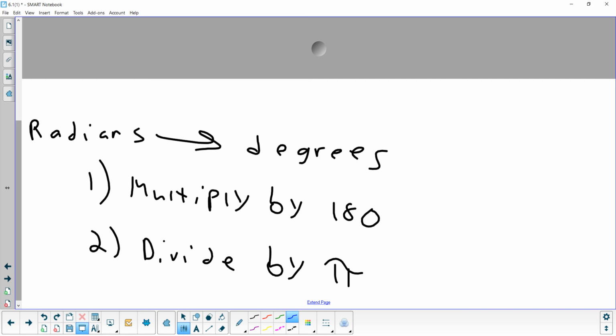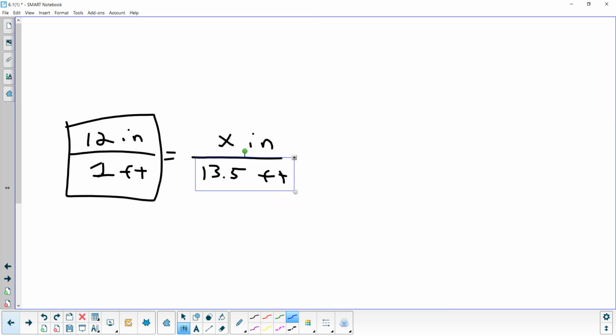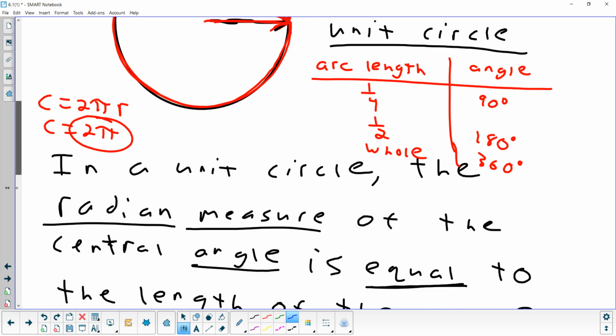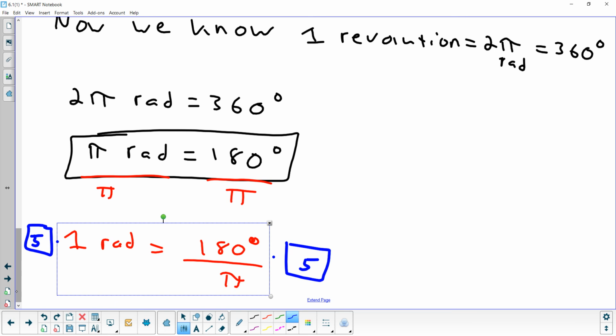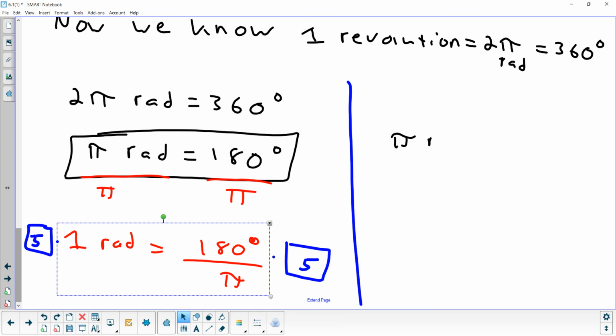Now let's go back and look at it again, but let's get a 1 in a different spot, and hopefully that'll help you to see a pattern to convert the other way. Or you might already have an idea of how to do it. All right, so let's go back to pi radians equals 180 degrees.